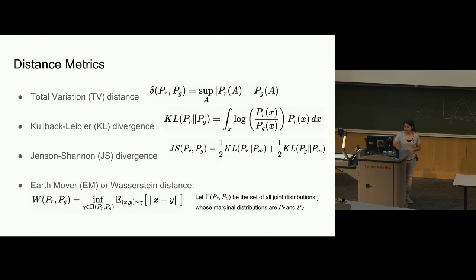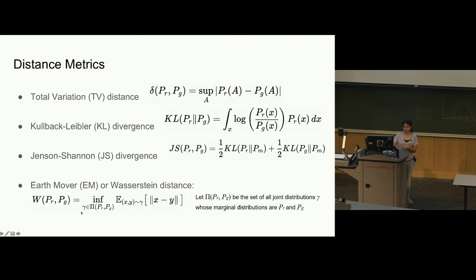Let's say this expectation inside is just telling you the total cost of moving x to y. And if you do that for all pairs of x and y and sum over it, you would want to find the minimum total that could lead to this transformation.